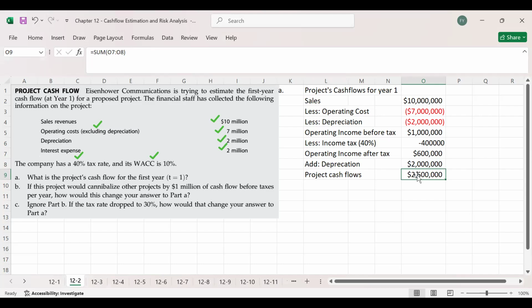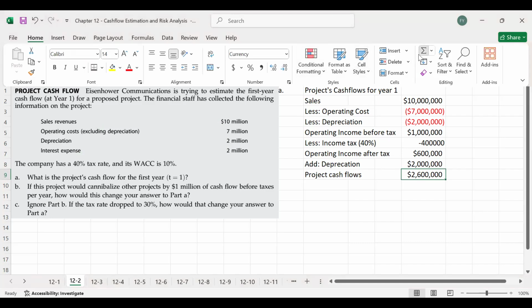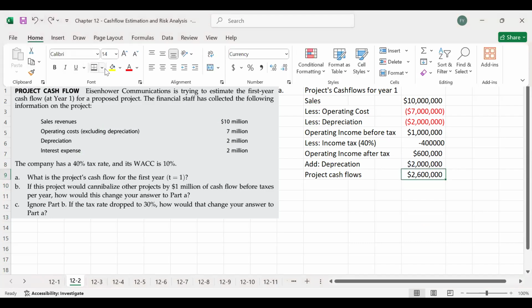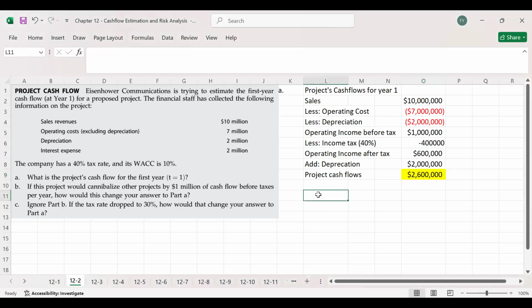And we add back depreciation because we are calculating cash flows. As we know, depreciation is a non-cash expenditure. That's why we add it back in the operating income in order to get projected net cash flows or operating cash flows. So this is the first requirement.